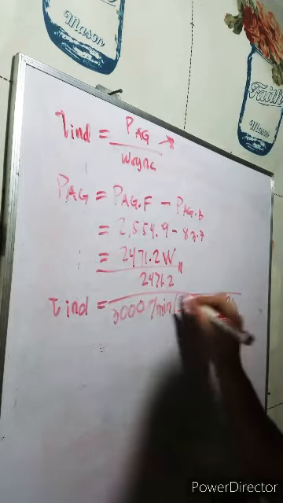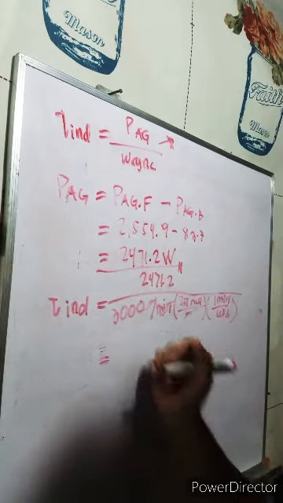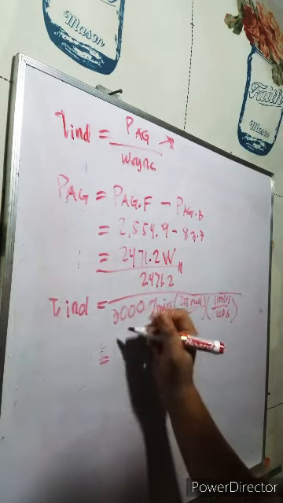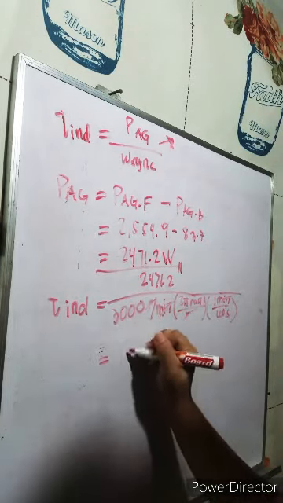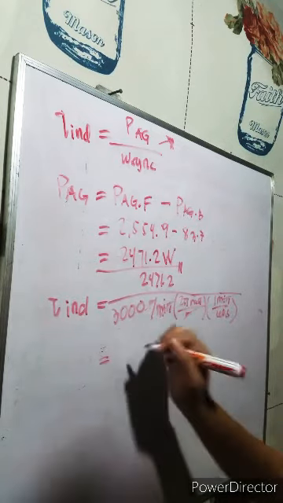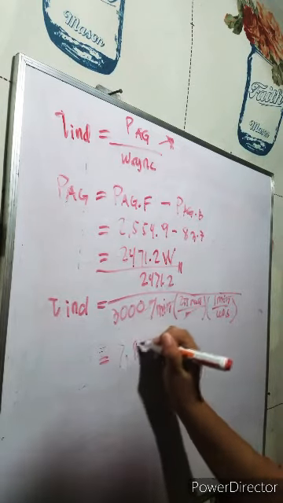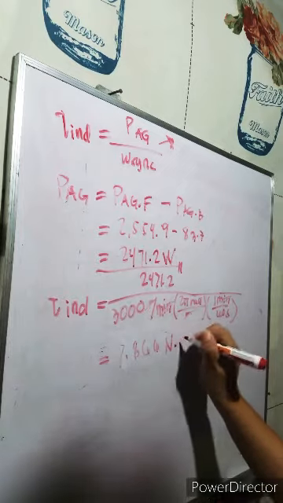So cancel, which is then torque induced is equal to 7.866 Newton meters.